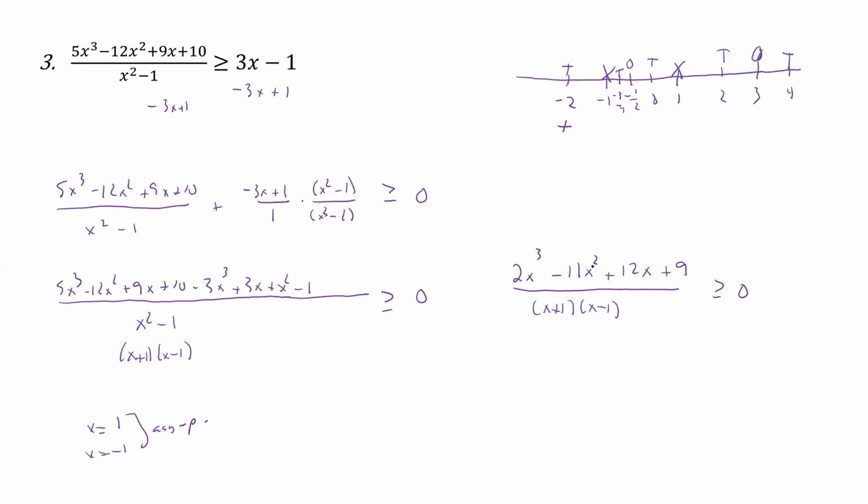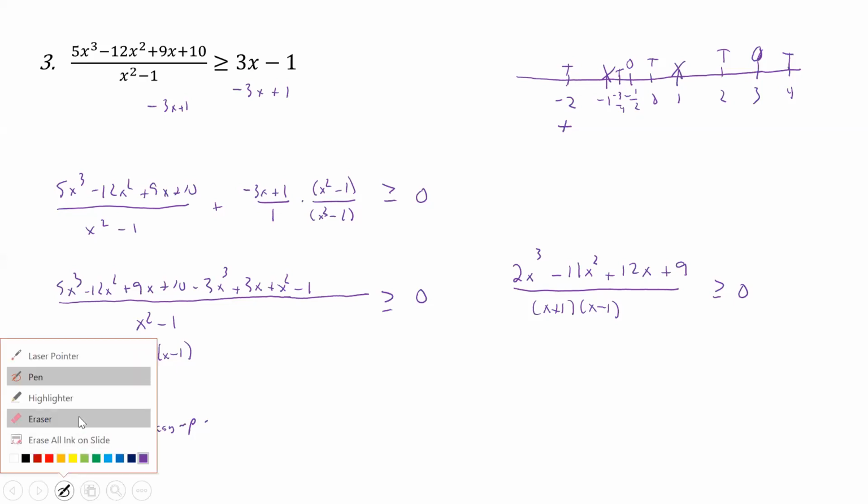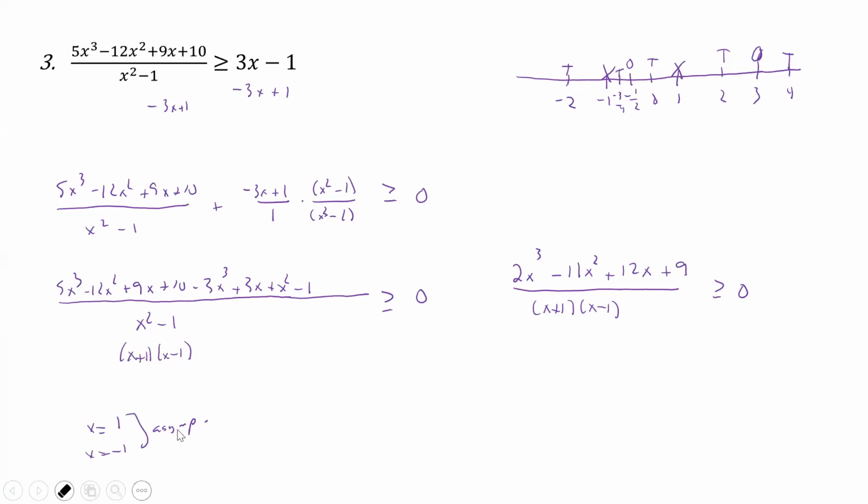I'm not getting the answer I think I should be getting here. That one's supposed to be a negative, so I must have typed that one in wrong, because I got the next one right, but not this one.